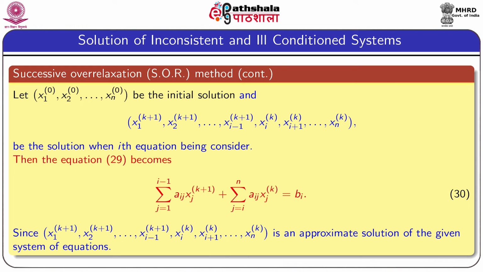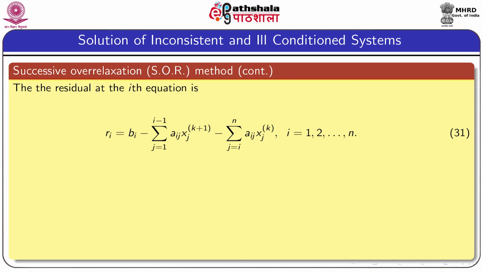Since x1 k plus 1, x2 k plus 1 up to x i minus 1 k plus 1, xi k, x i plus 1 k up to xn k is an approximate solution of the given system of equations, therefore equation 30 becomes this form.